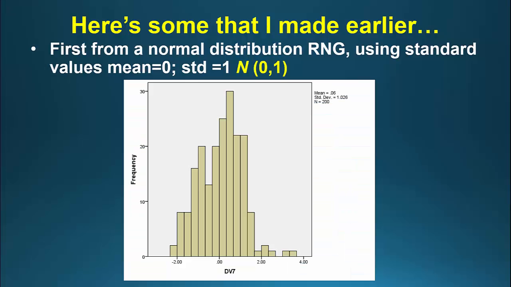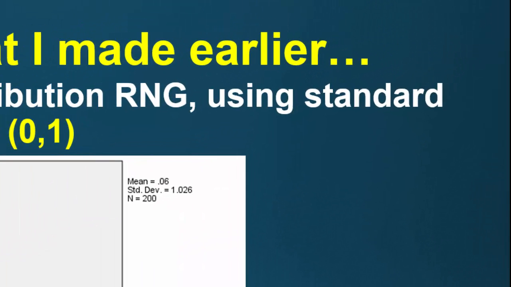So here's some data I made earlier. First, from a normal distribution random number generator in SPSS, using a standard normal distribution, as I've said, often represented with N brackets 0 and 1, the parameters of this normal distribution. Here's just one example for a sample of 200, and the mean is close to the expected value of 0, at 0.06, and the standard deviation is close to the expected value of 1.